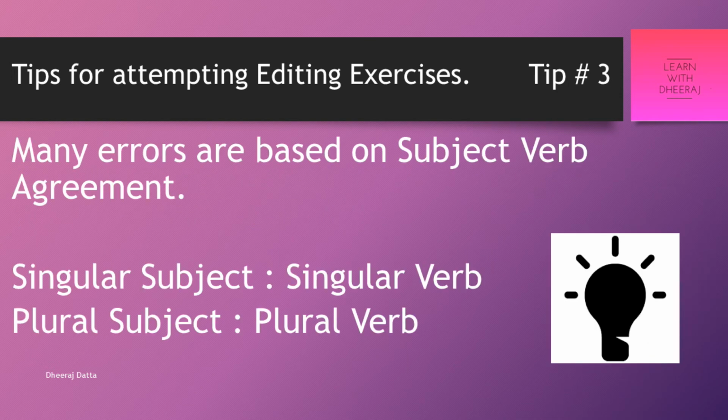Now, tip number 3 says that many errors are based on subject-verb agreement. Students, this is a very important topic and you must revise subject-verb agreement because there are a lot of tricks that are used when we say subject-verb agreement. Subject-verb agreement basically says that the verb used in the sentence should always agree with the subject, which means if the subject is singular, then the verb used in the sentence should also be singular.